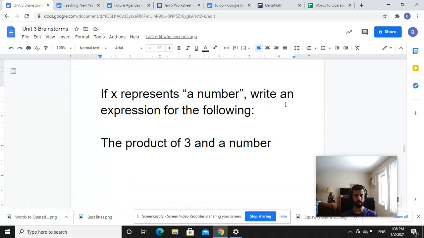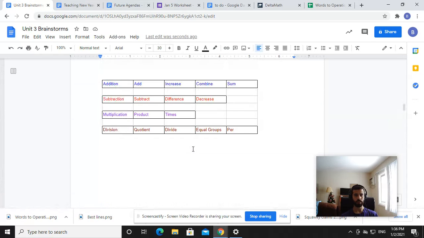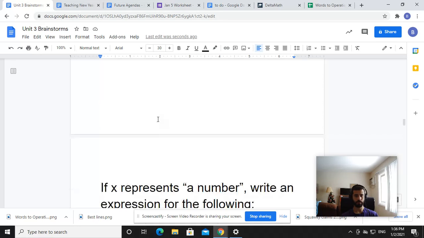If x represents a number, write an expression for the following: the product of 3 and a number. Now maybe you don't recognize that term, or you're not sure what operation it is. You go and you look at the sheet, or the picture, and try to find the word product. It's right here in purple, so it's got to be associated with multiplication.